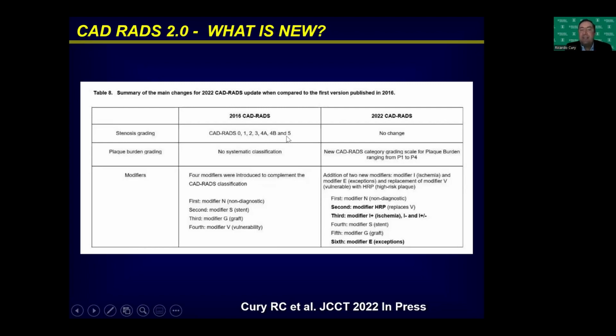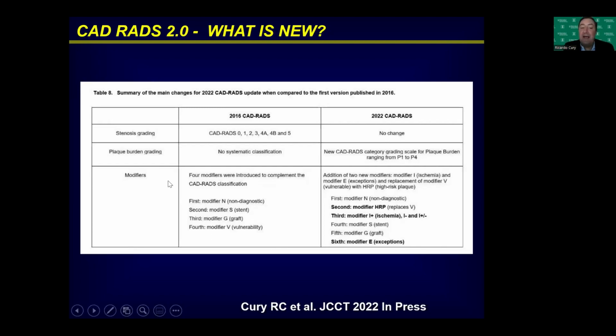That classification for stenosis remains the same. There's no change. We'll review that. We added plaque burden, and there is a specific talk by Dr. Blankstein that will expand on the plaque burden from P1 to P4 and the reasons that we added it.